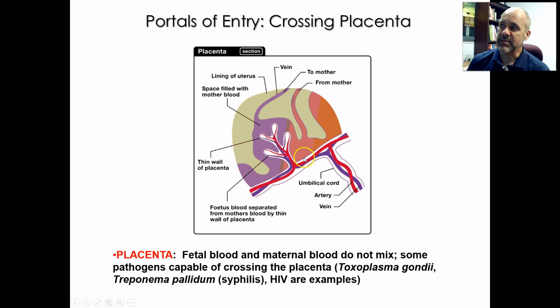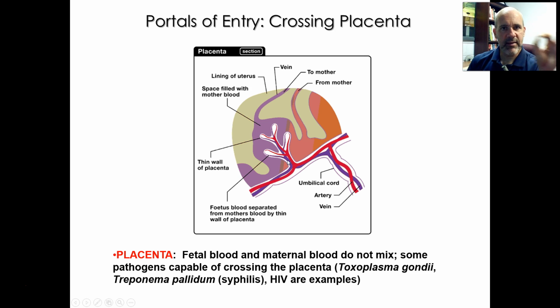And so the fetus's blood comes up here and travels into the placenta, and then you have this very thin membrane, this very thin wall of tissue that separates the mother's blood from the blood of the fetus that's passing through the fetal blood vessels.